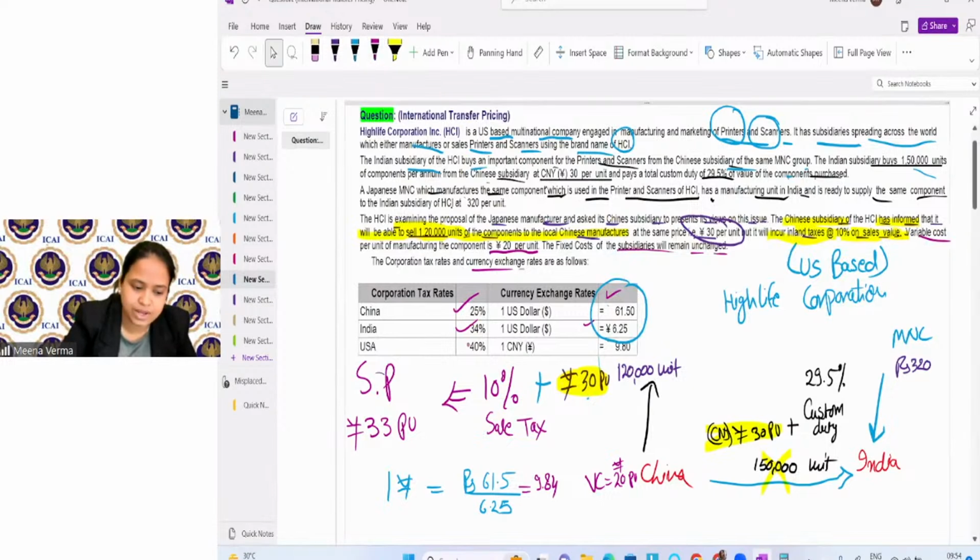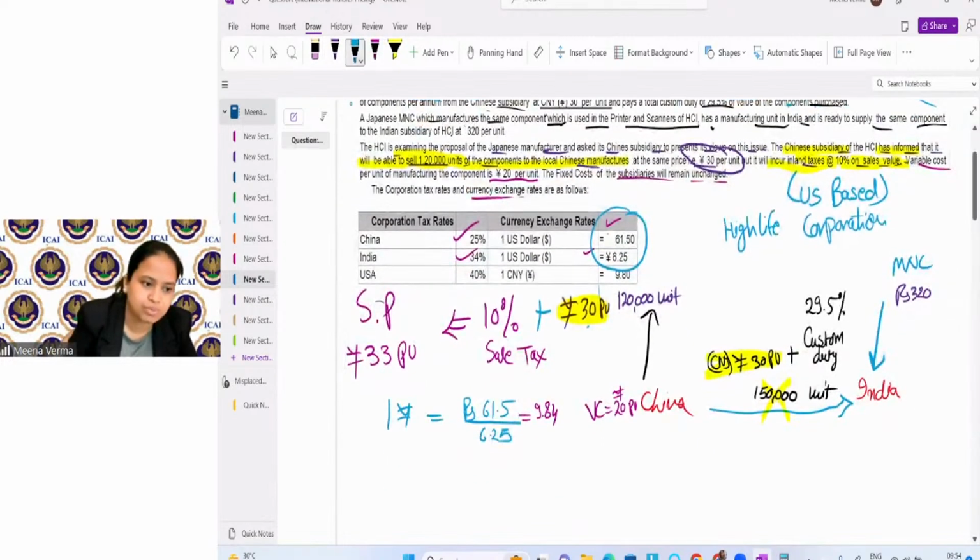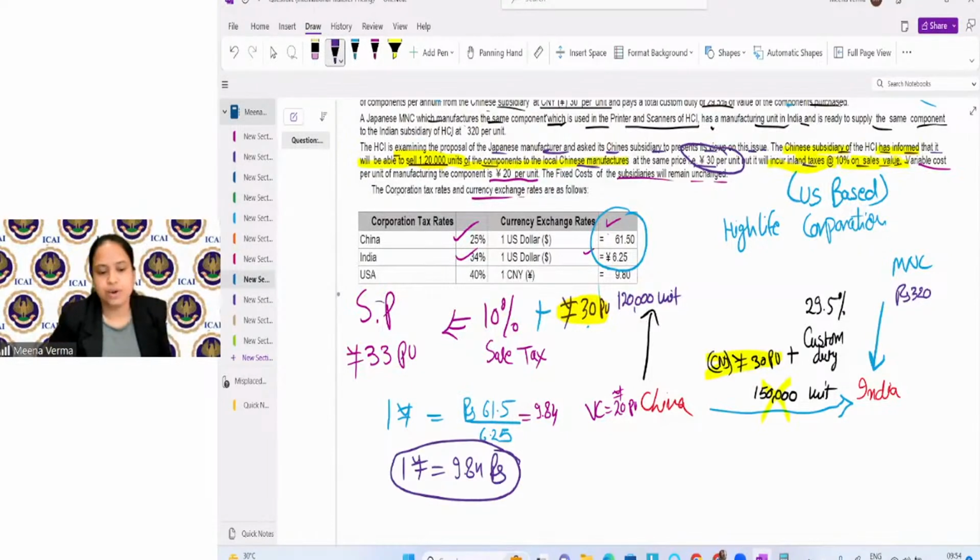So we can say 1 yen is equal to 9.84 rupees. This is the conversion rate between India and China.